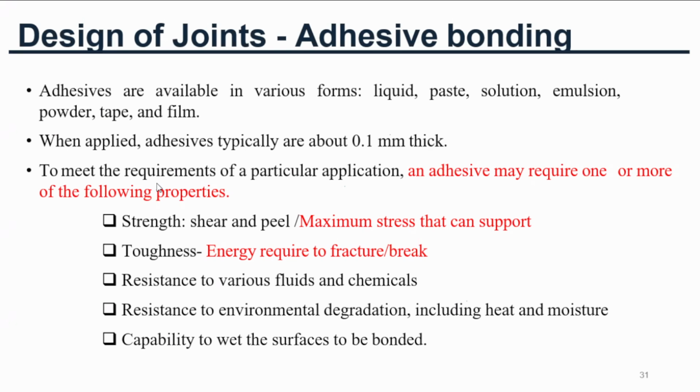Chemical resistance: resistance to various fluids and chemicals during service processes. Then resistance to environmental degradation, including heat, moisture: the ability to withstand heat, moisture, UV radiation, and weather conditions without degradation.